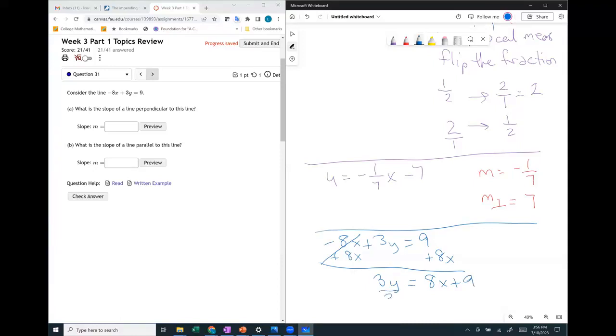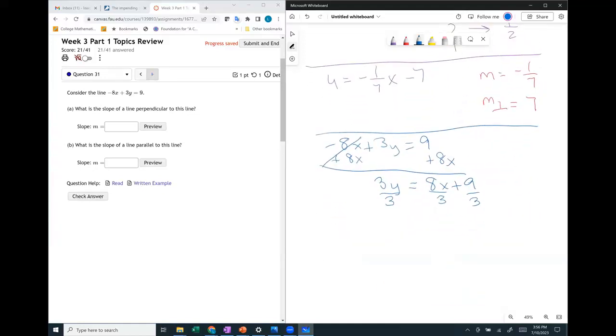I divide both sides by 3, which really means I divide everything by 3. And I get y equals 8/3 x plus 3. Now I know my slope, 8/3. So that's going to be the same as the slope that's parallel.